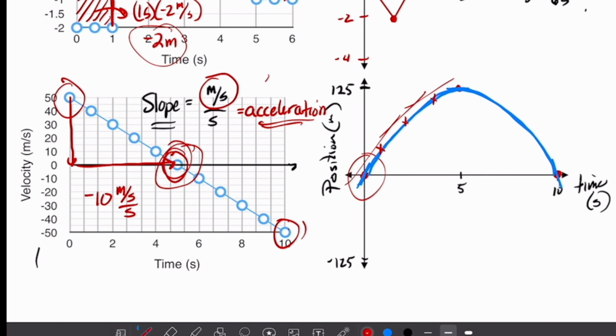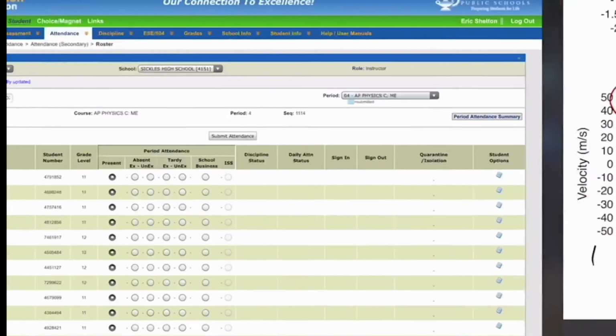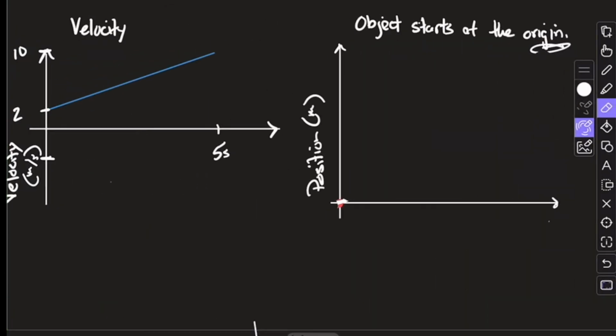Now, that's a lot to take in for a few minutes, but I want you to consider that I'm expecting you to be able to utilize this information to maybe take a velocity graph like this and make a position graph.